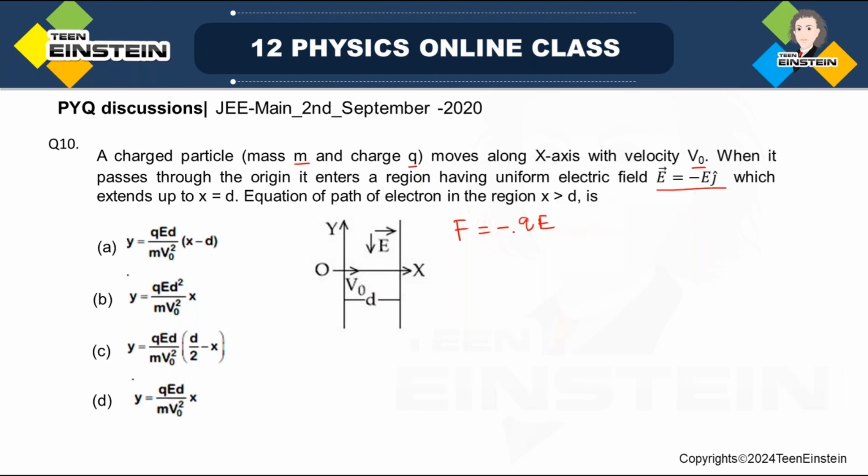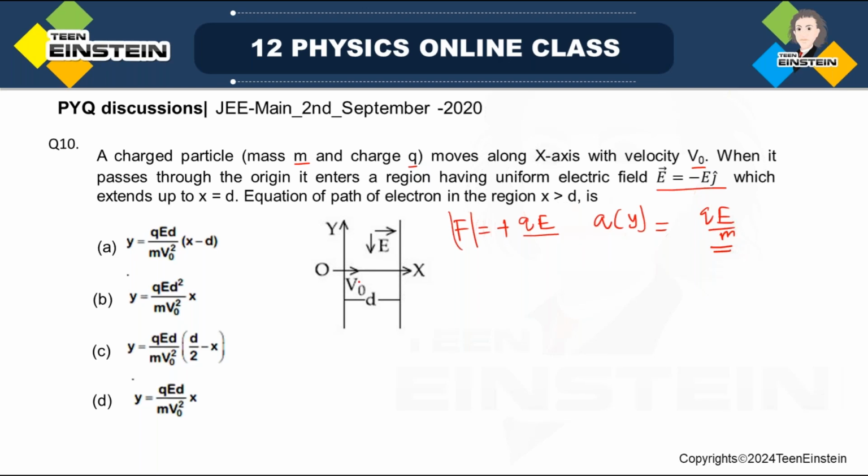So if I take magnitude, it is q into e, and that force will be in the downward direction. So it will have acceleration in the downward direction along y direction, qe by m. So this is the acceleration.